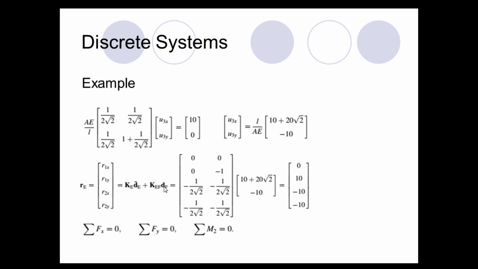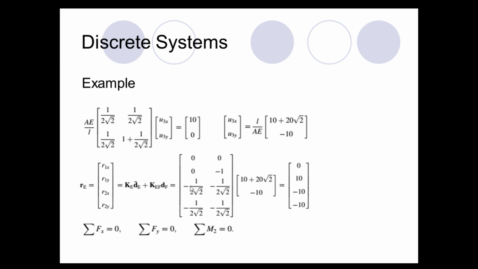Now we have calculated the DF. We know that since KE multiplied by DE bar is 0, we only need to do this operation, KEF multiplied by DF. And KEF is this 4 by 2 matrix. And if we multiply this matrix with this vector, basically we will obtain the reaction forces. 0, 0 multiplied by these values will give us 0. 0 minus 1 will give us 10.